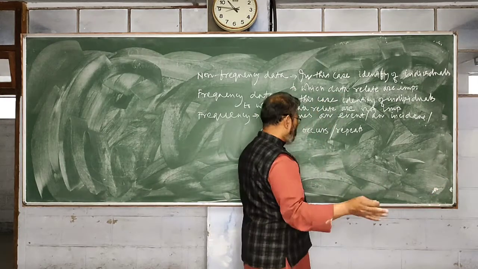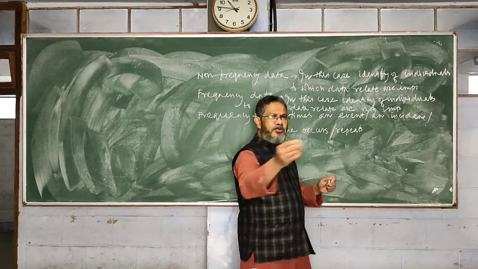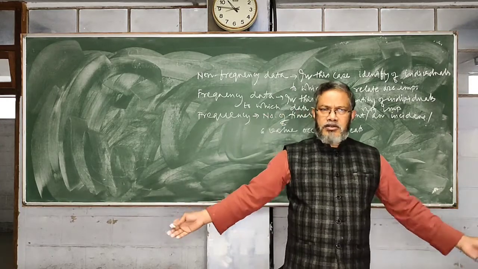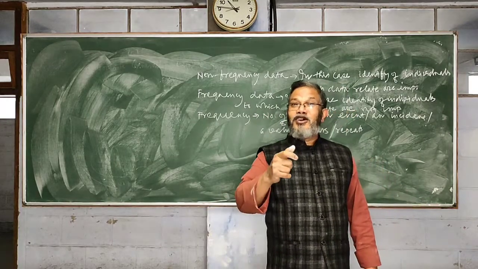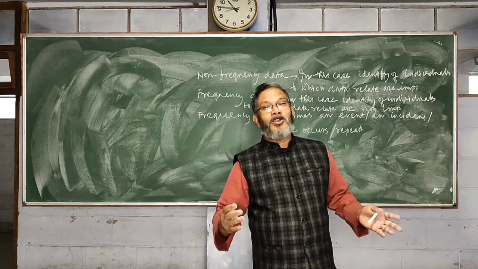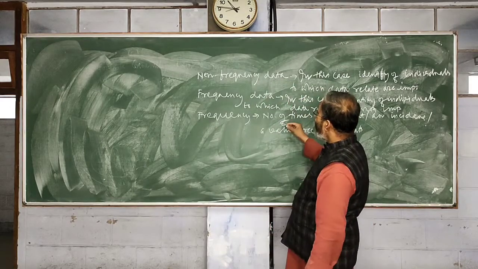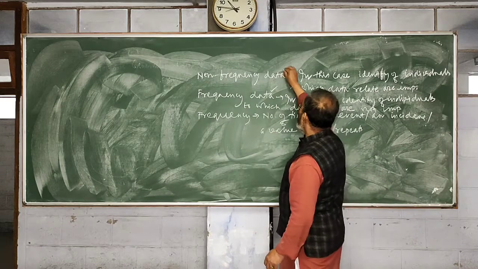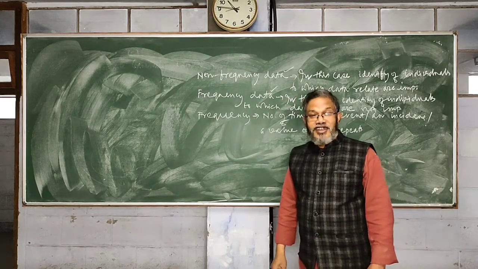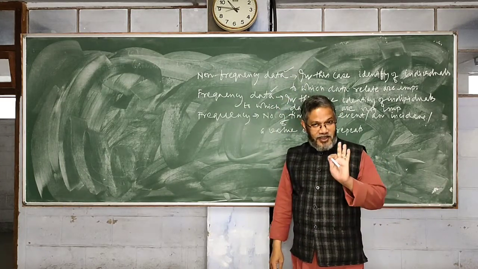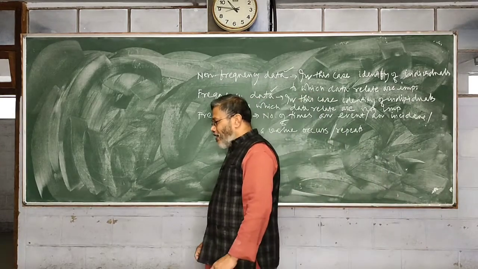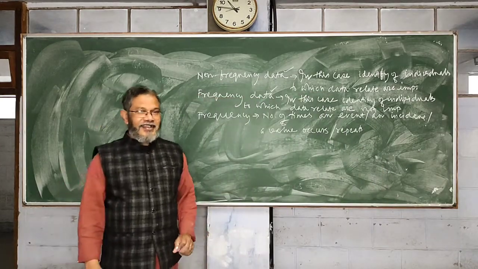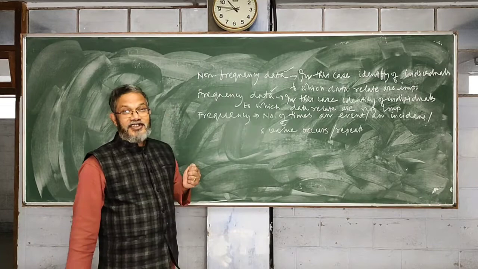I don't need it. Which data relates to which individual, I am not interested. Identity of the students is not important. Such data are frequency data. Identity important, non-frequency data. Okay? Understood?